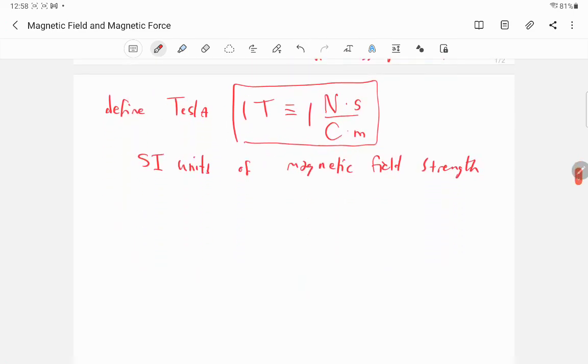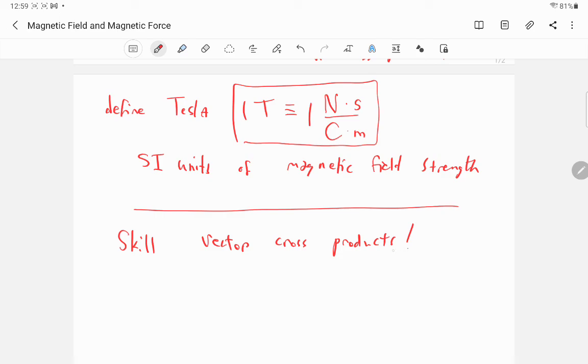Okay, so we have to build a skill, right? So that's a skill that we need to build, and I'm going to show you some ways to calculate this force vector.